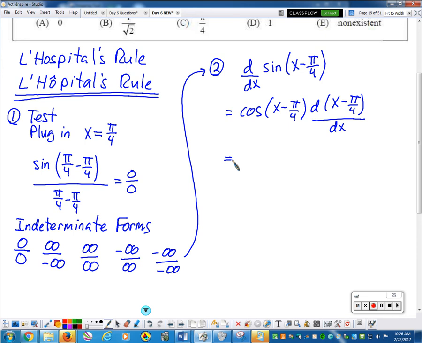Say it out loud, please. What's this derivative going to be? 1. Does anyone have a question? Because there are two things separated by addition. The derivative of pi over 4 would be 0, and then dx over dx is 1. So the derivative of the numerator is just the cosine of x minus pi over 4. I got an extra dot there. I have to fix that.